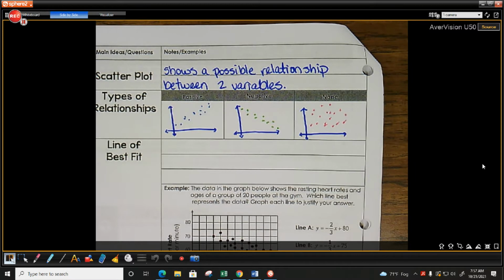So, like I said, most data in the real world is going to be a scatter plot. It's not going to be a perfectly straight line. But we want to look at a line to help us predict information in the future. So that's where we come up with a line of best fit.